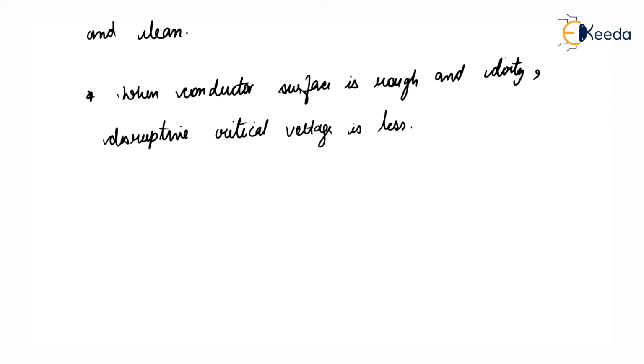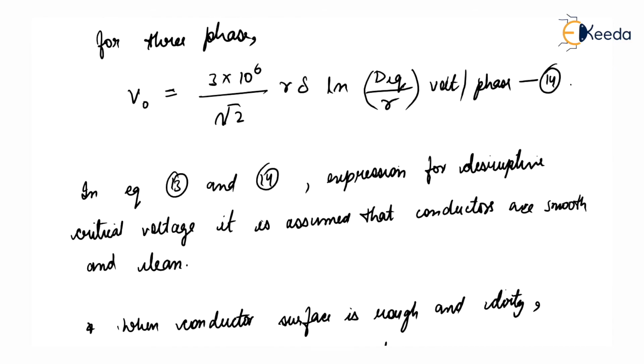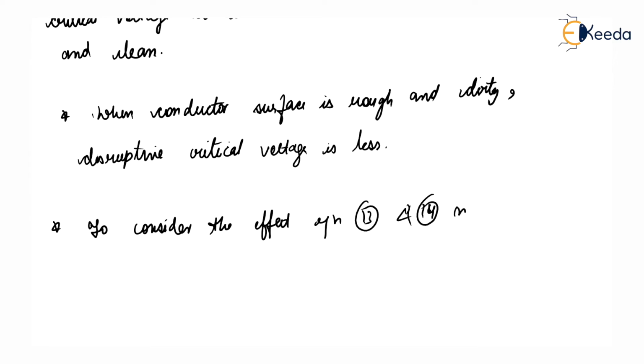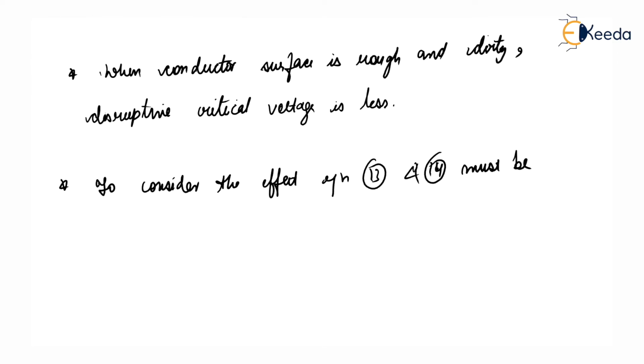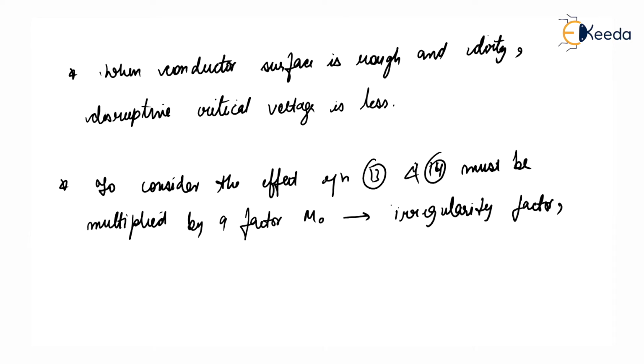So to consider the effect, equations 13 and 14 for single phase and three phase lines must be multiplied by a factor m naught, and this m naught is known as the irregularity factor, or surface factor, or roughness factor.